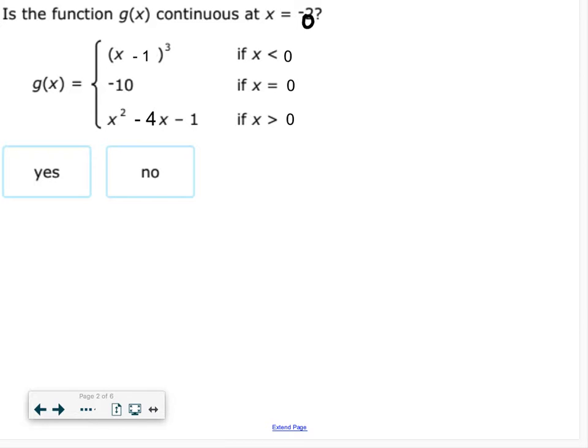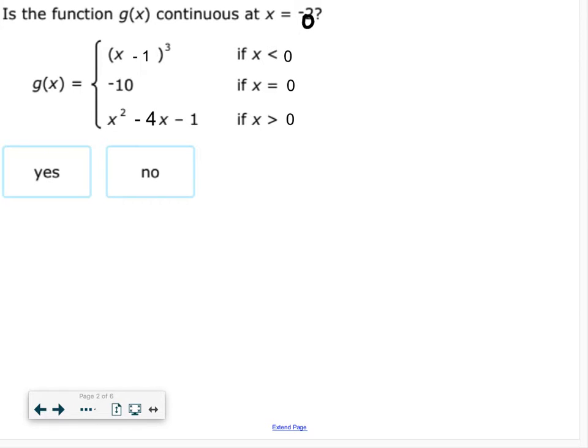What do we need to check to see if this is continuous at 0? 30 seconds. Okay. Think you have it figured out?